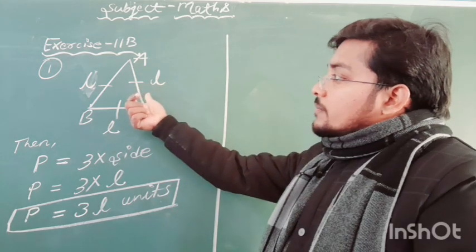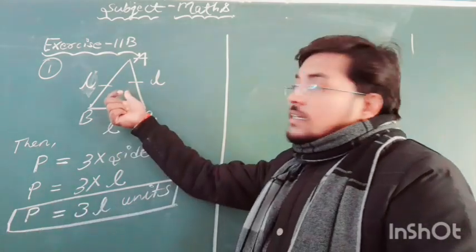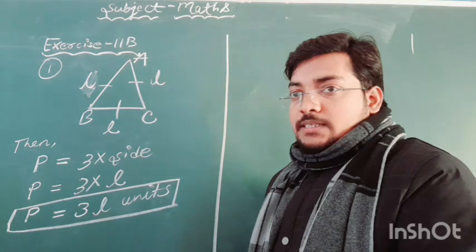So the perimeter of the equilateral triangle is 3L units.